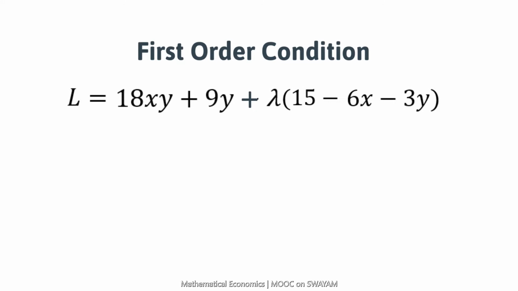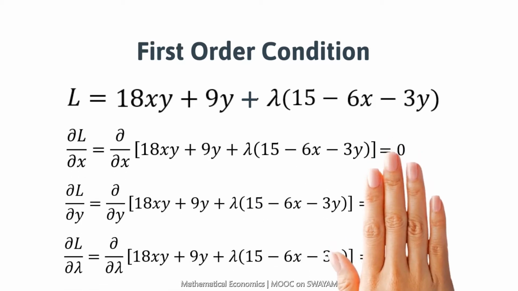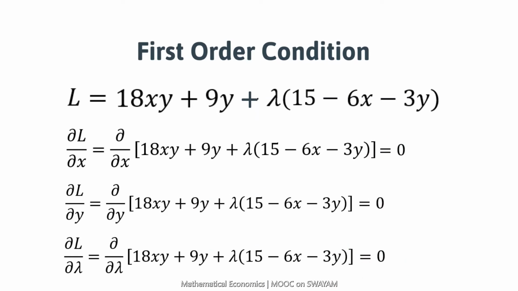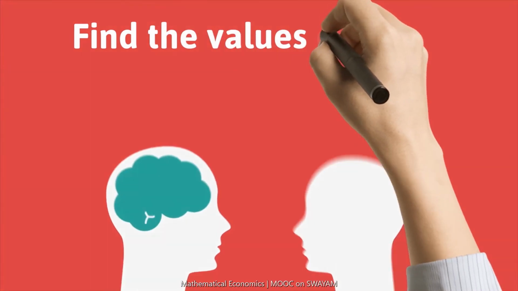Now, partially differentiating the Lagrange function with respect to x, y and lambda and equating to 0 gives the three equations. Can you find the values of x and y?